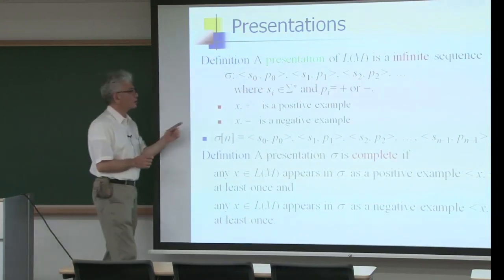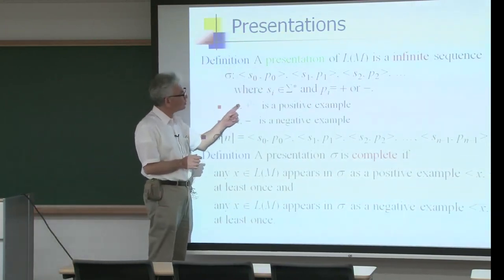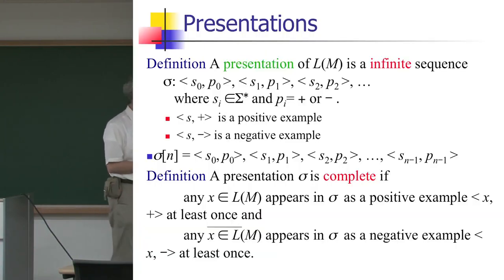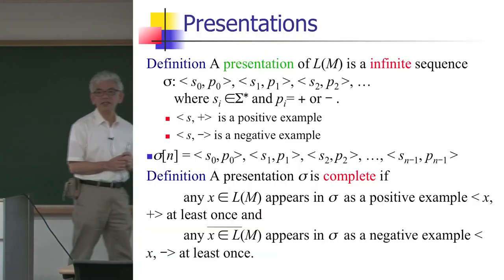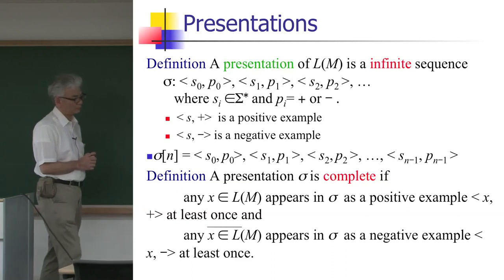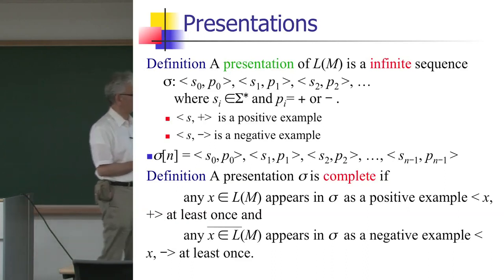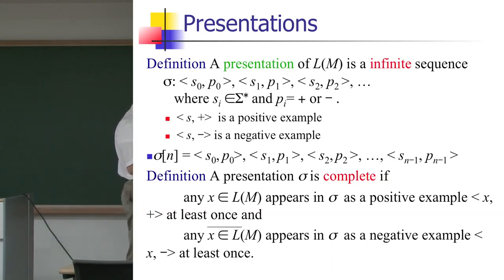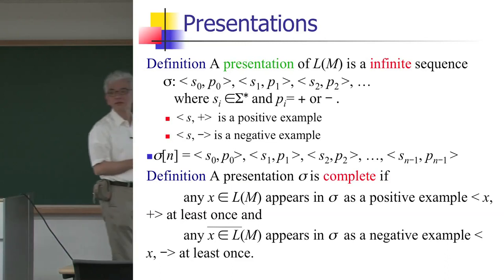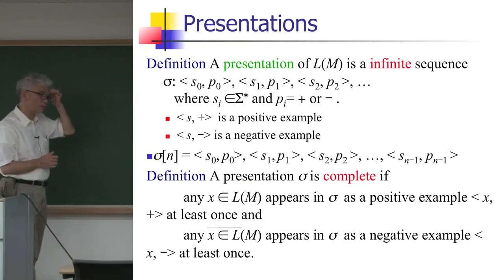So x plus, the polarity plus, means it is a positive example, and x minus means that it is a negative example. And the truncation is represented like this. It is the prefix of the sequence whose length is n.